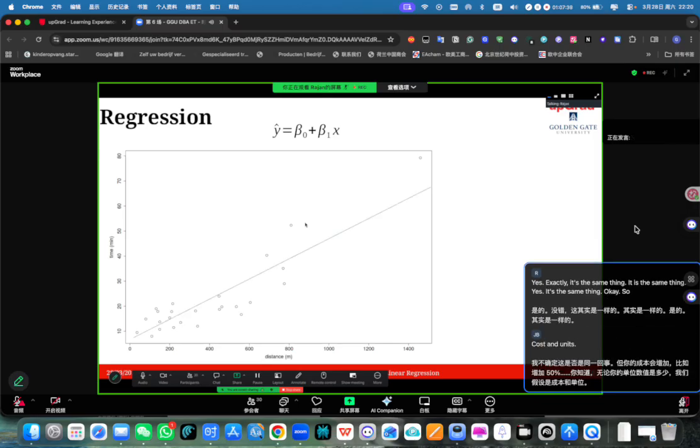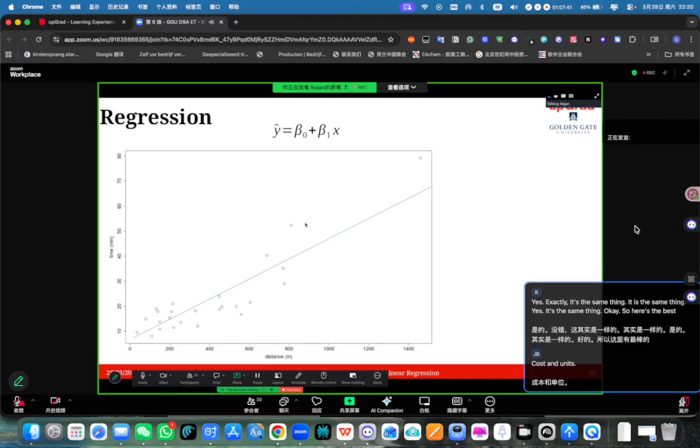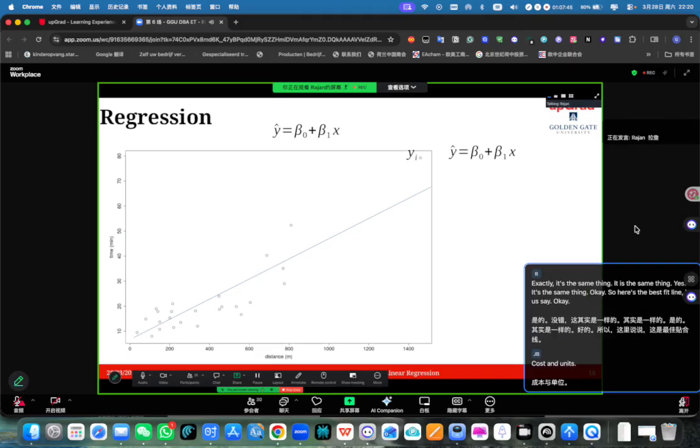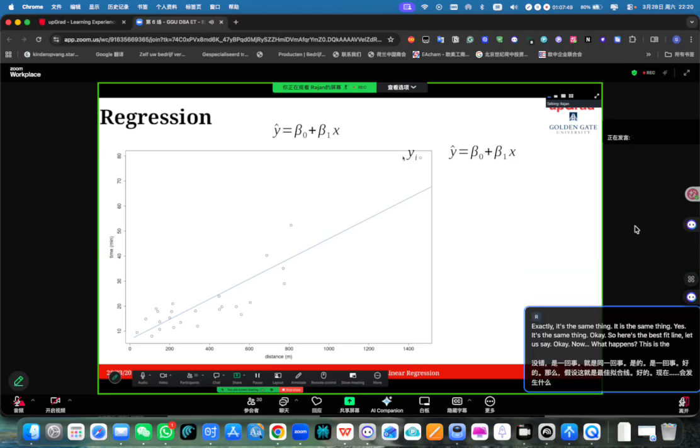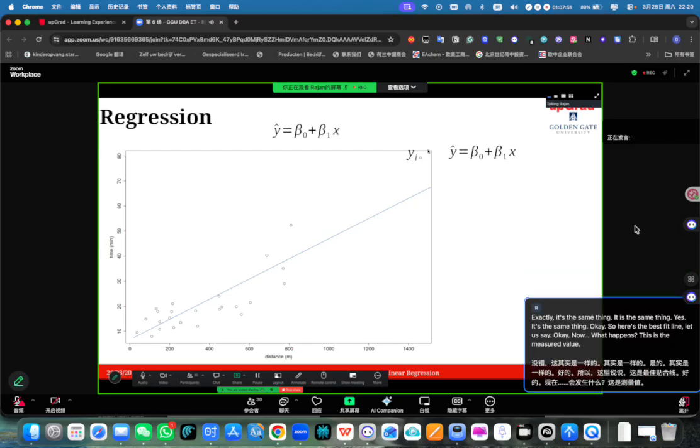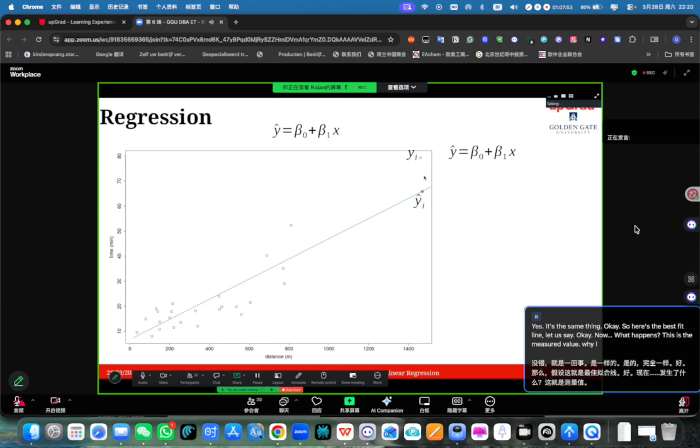So here's the best fit line, let us say. Now, what happens? This is the measured value, denoted by the symbol yi. And here we have the predicted value, yi hat.